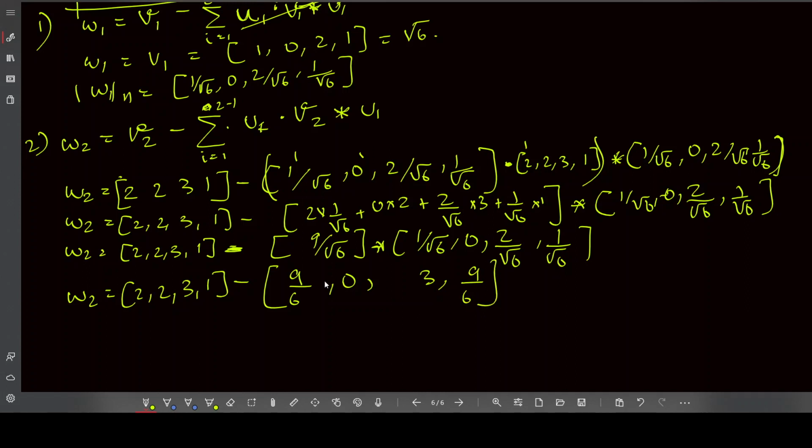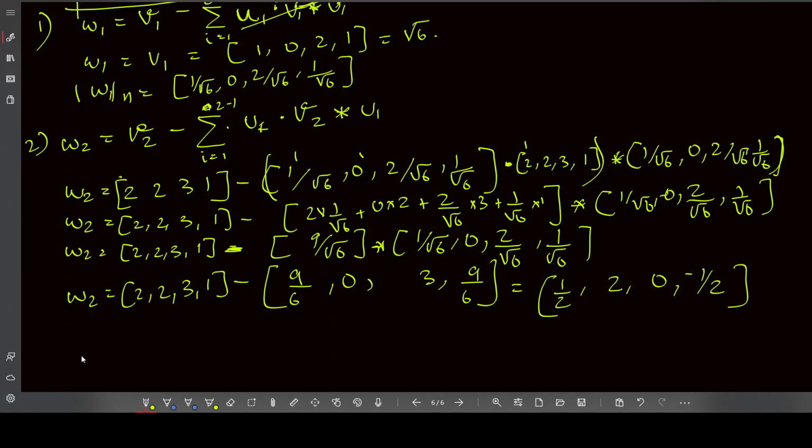So when you subtract this, 2 minus 9 by 6, which is 3 by 2, minus 3 by 2, and all of that, you'll get W2 equal to half, comma 2, comma 0, comma minus half. Okay, that is your W2.